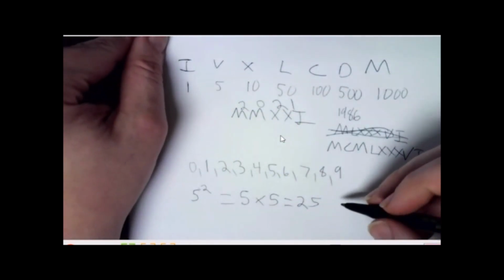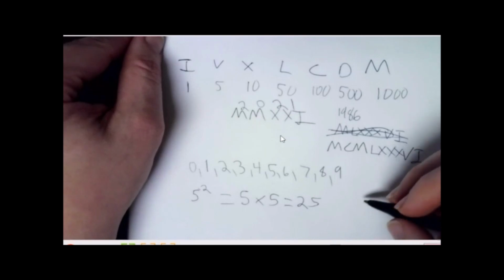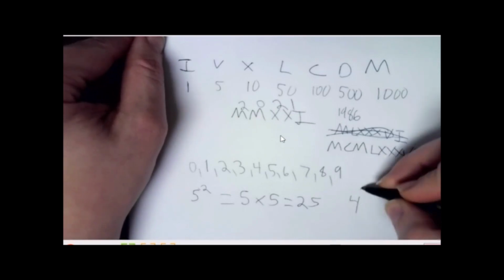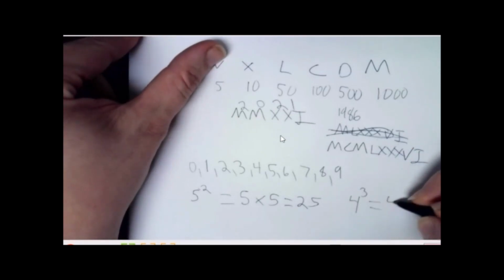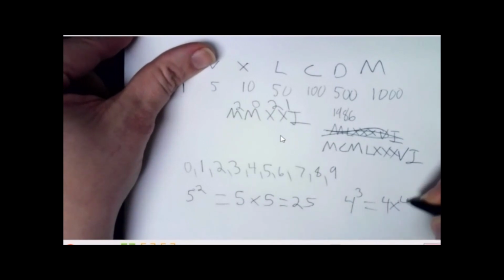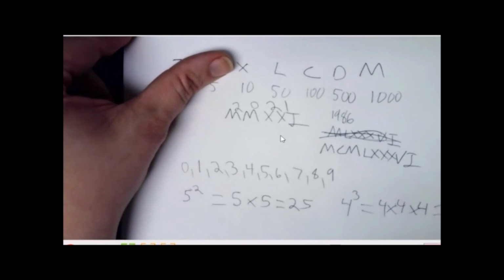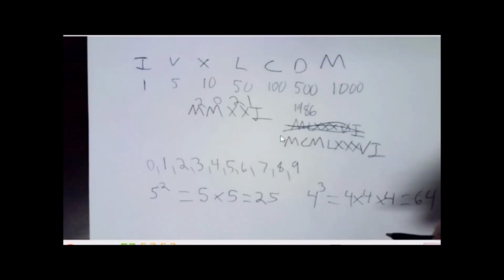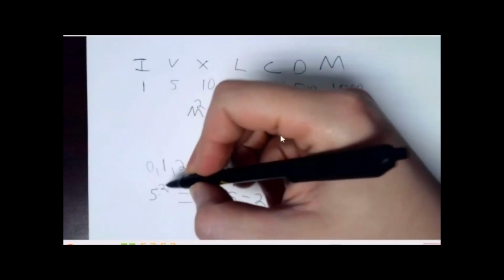So it's a number times itself n times. 4 cubed is of course 4 times 4 times 4, which is going to be 64. We take the base and raise it to the power of an exponent.